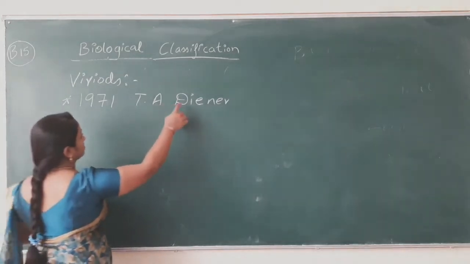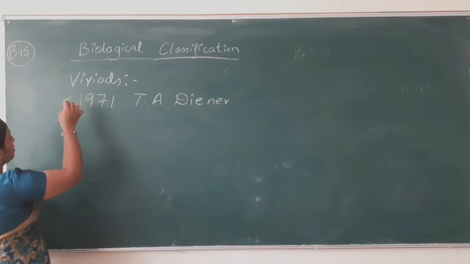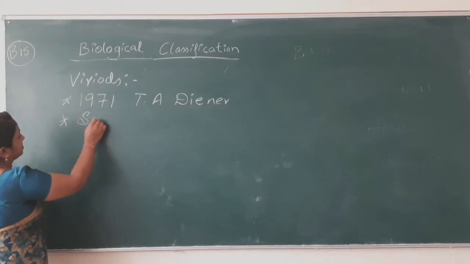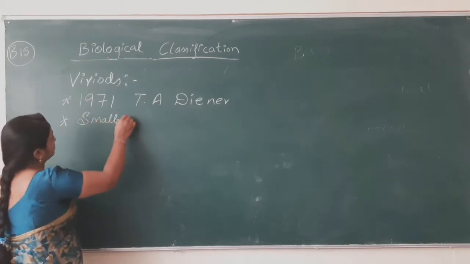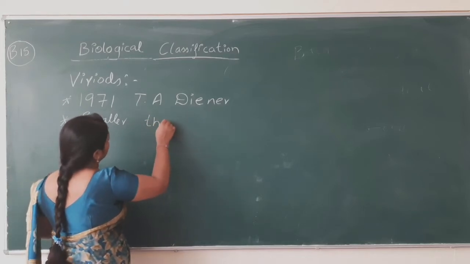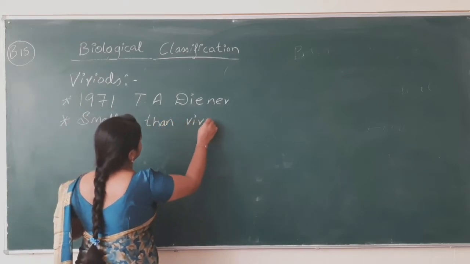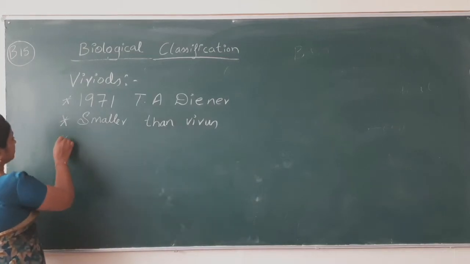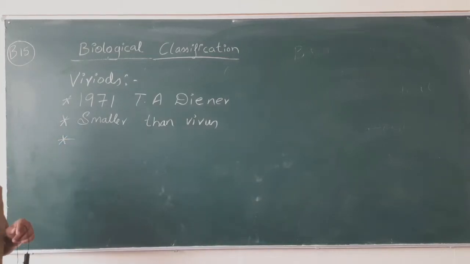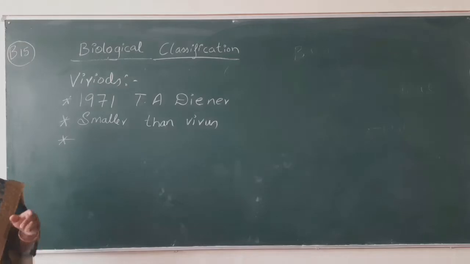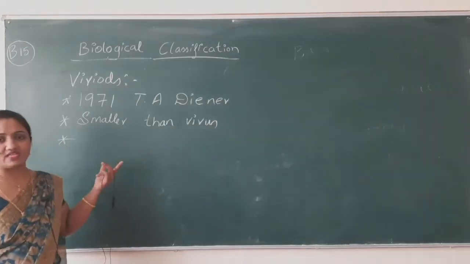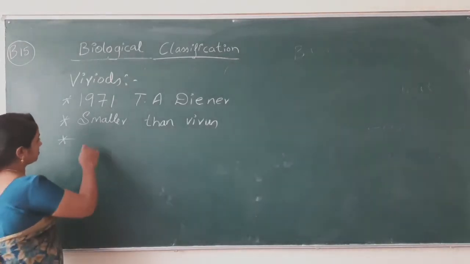T.A. Diener was the one who discovered the viroids, and the next character is that these are smaller than virus, and these viroids don't have any protein coat.